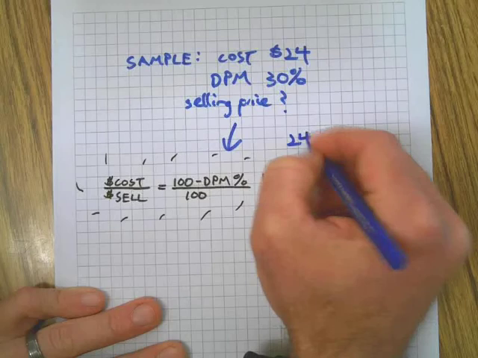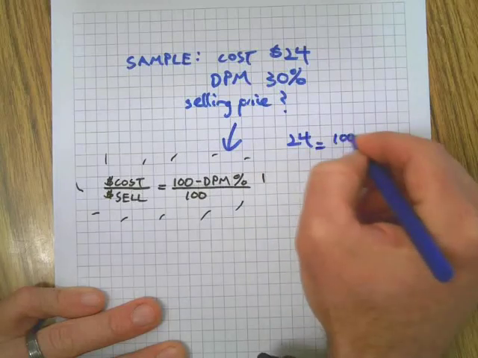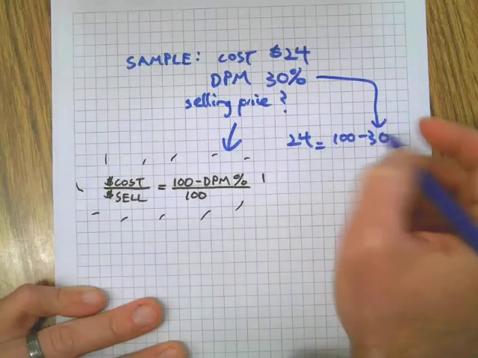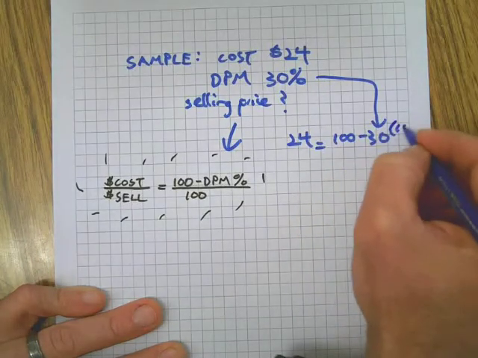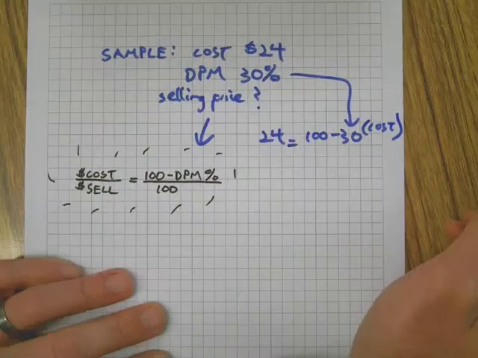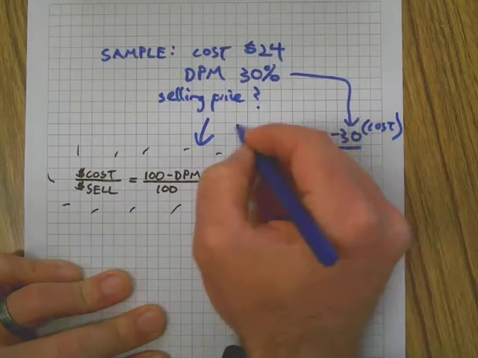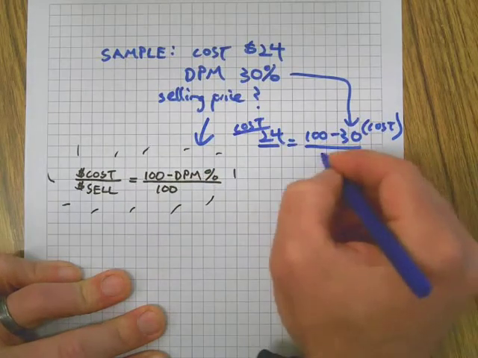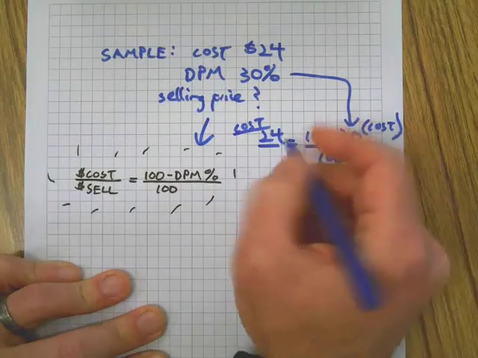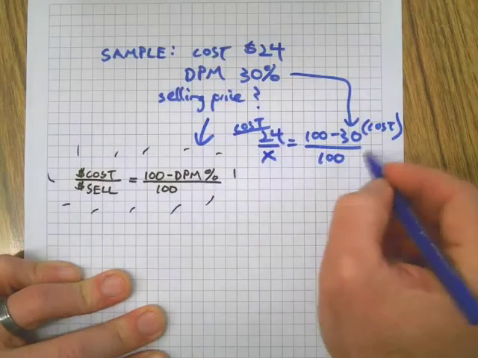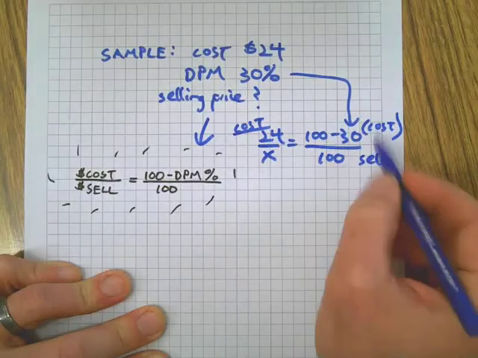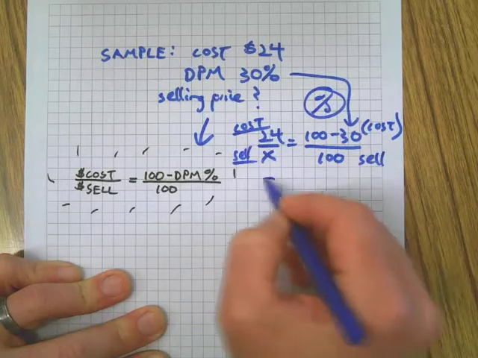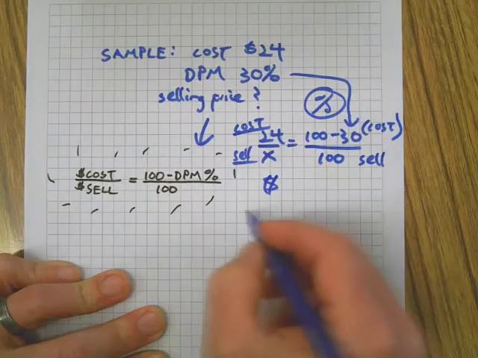So I'm going to put my cost there. I'm going to put 100 minus my profit margin there. Why? Because that gives me my cost as a percent. And as you know, when you're doing proportions, the labeling is so important. The labeling often reveals, in fact, all the time reveals the correct setup. Okay? And X is my selling price. So we have cost over sell on the percent side, and we have cost over sell on the dollar side.